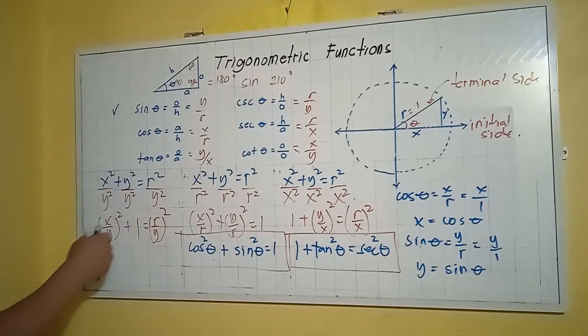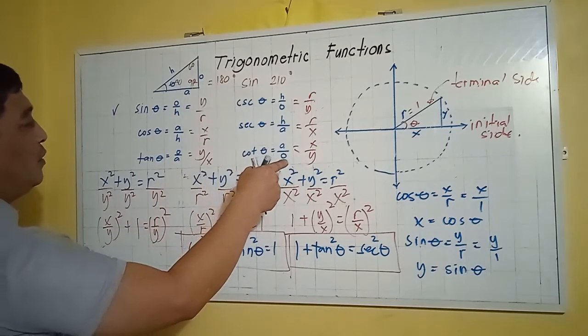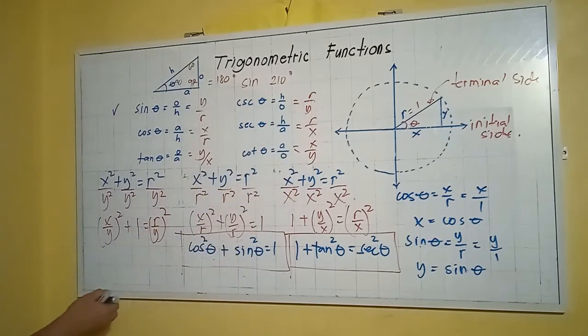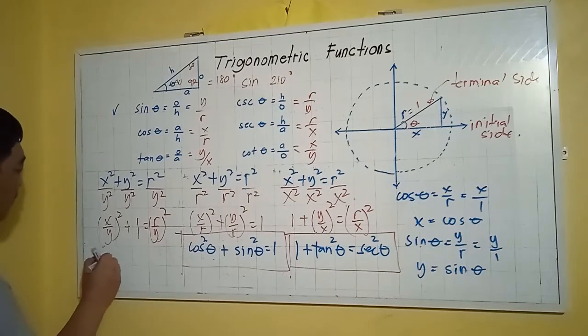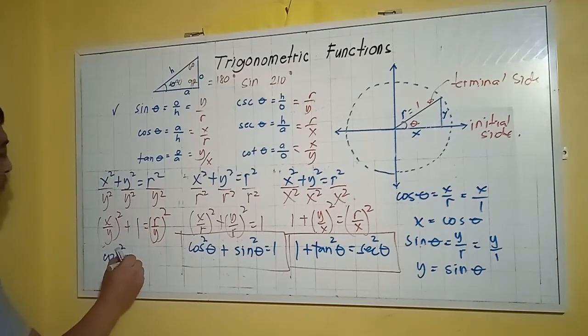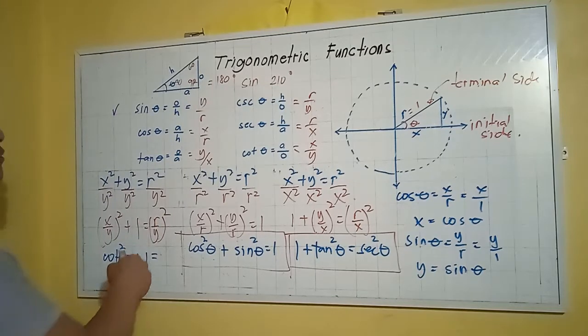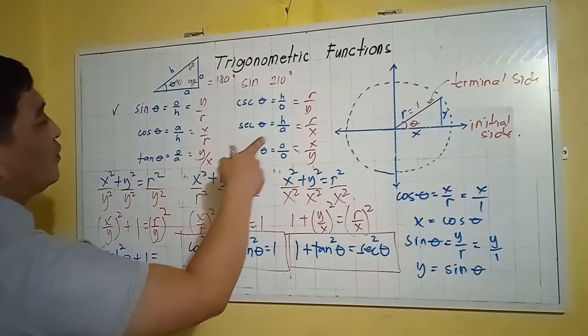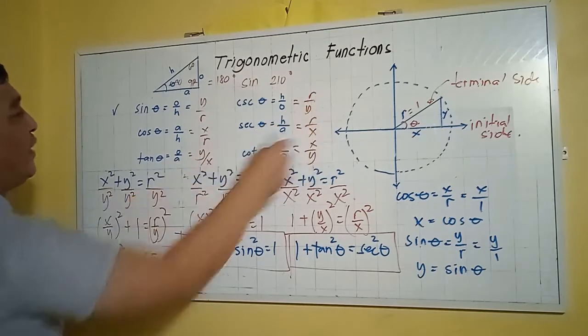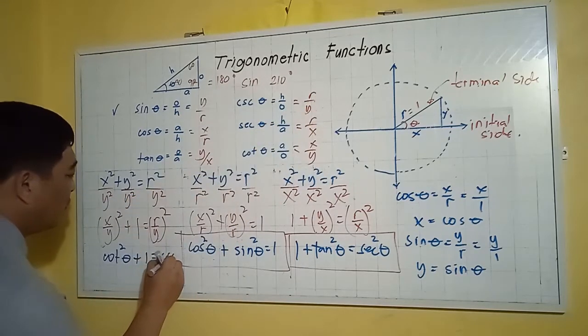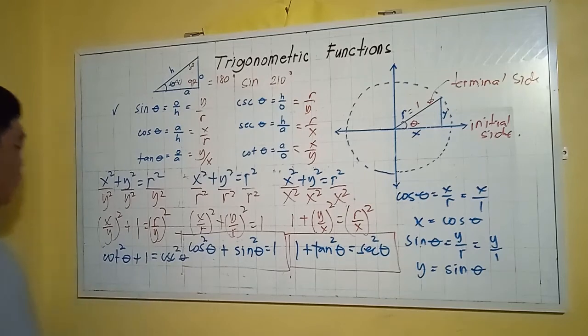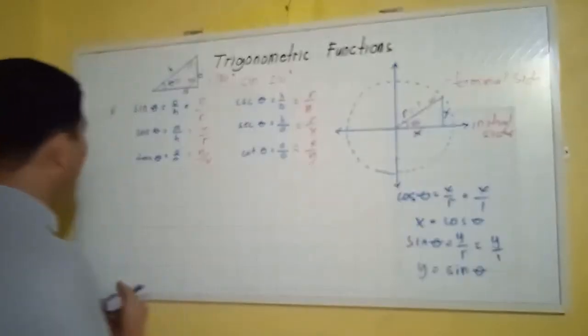Now x over y is cotangent theta, since that is square plus 1 is equals to r over y. We have r over y, that is cosecant theta square. So this is the third Pythagorean identity.